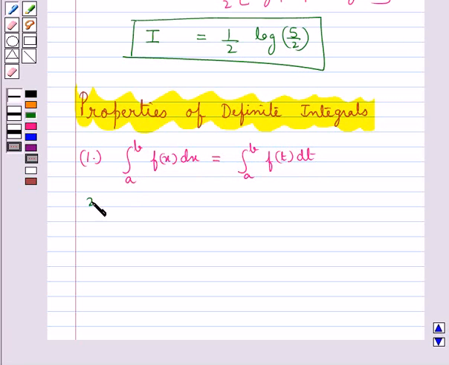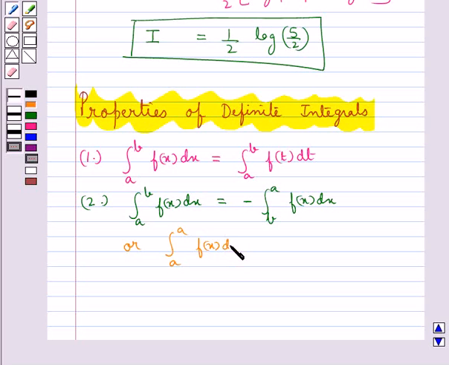Next one is integral a to b f(x) dx is equal to minus of integral b to a f(x) dx, or this can also be given as integral a to a f(x) dx is equal to 0.